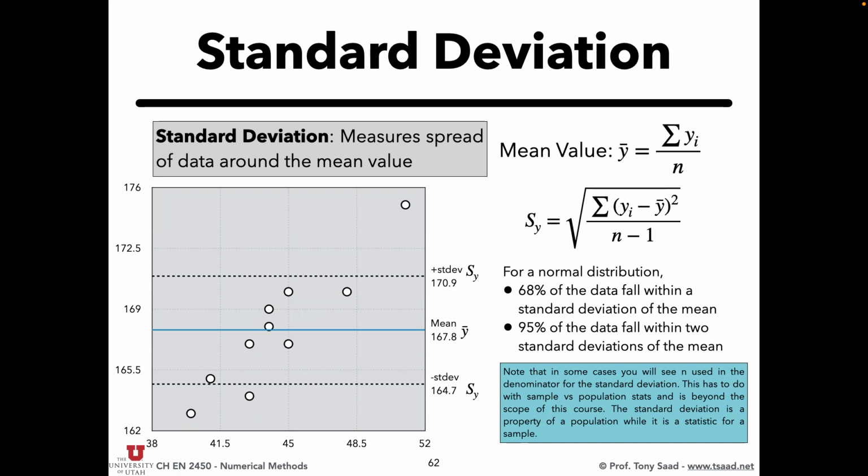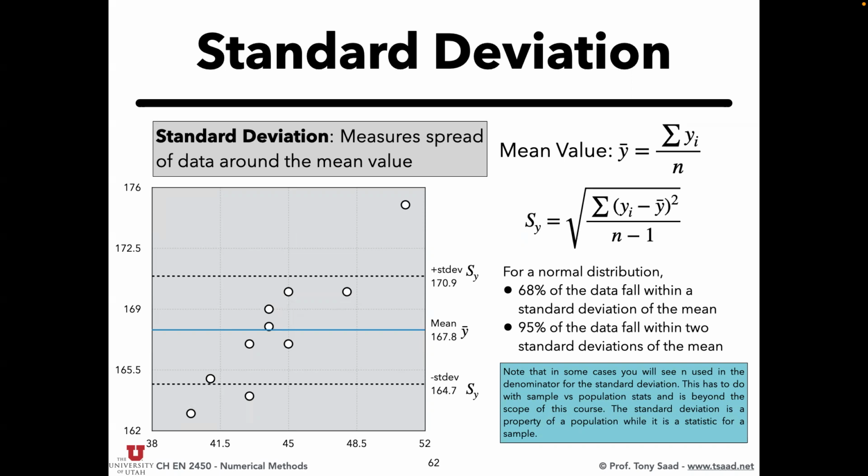In other words, if you were to use the mean value, only the mean value, which is the simplest statistic you could use to describe a set of data, then the error committed is the standard deviation.